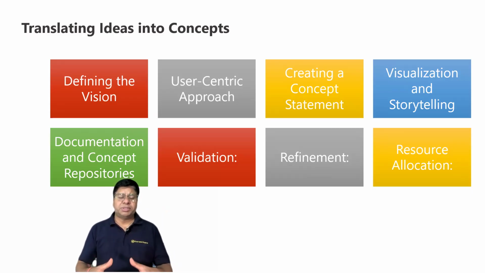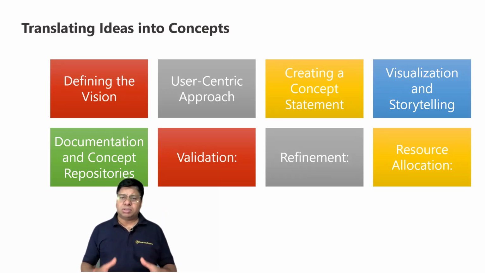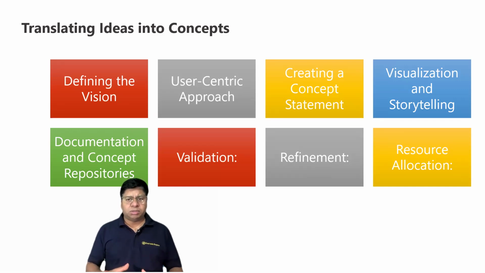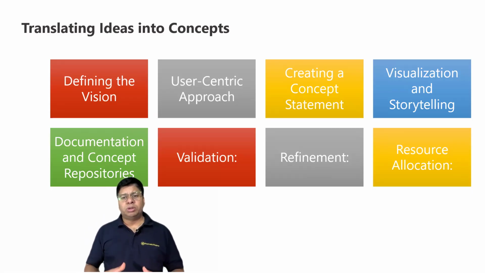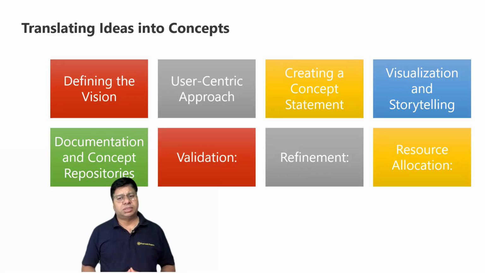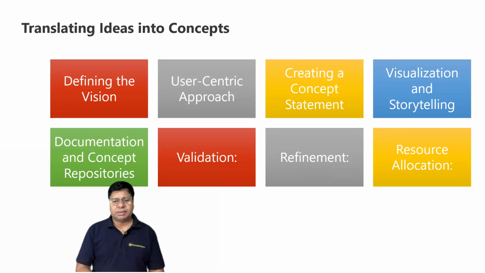Third is creating a concept statement. A concept statement is a short focused summary. It typically includes the target user, the problem, your proposed solution, and the benefit or value. Let's take an example.